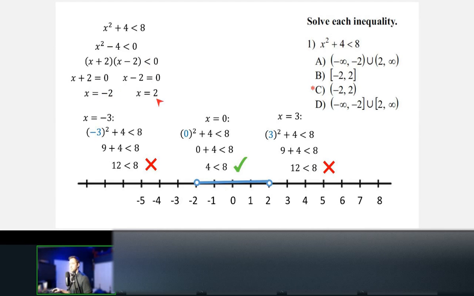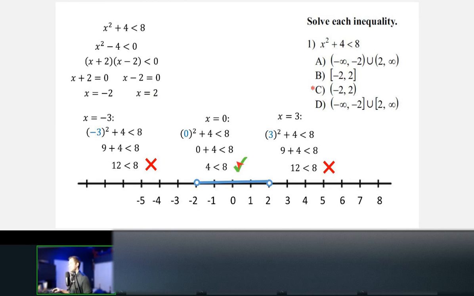So these are going to be hollow points at -2 and at 2. Once we have these, we want to do test points. We want to test between, to the left, and to the right. So I chose to test 0 for the in between, and we plug this in and we get a true statement. So 4 is less than 8, so that's true. So that tells us these points connect.